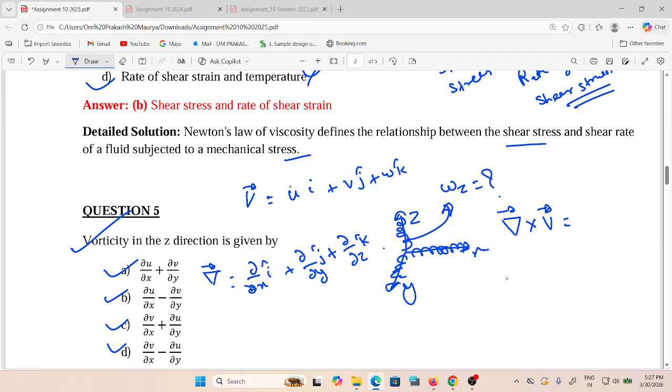So when you calculate the cross product between these two, you write it as a determinant: i, j, k, then del by del x, del by del y, del by del z, then velocity u, v, w.